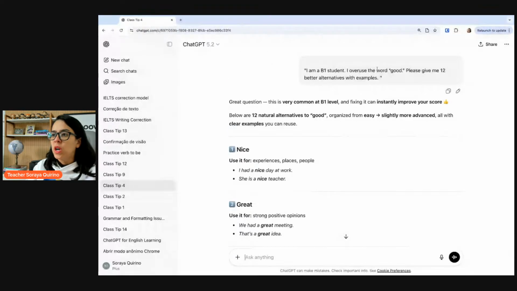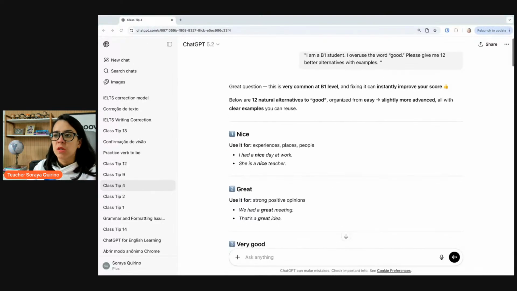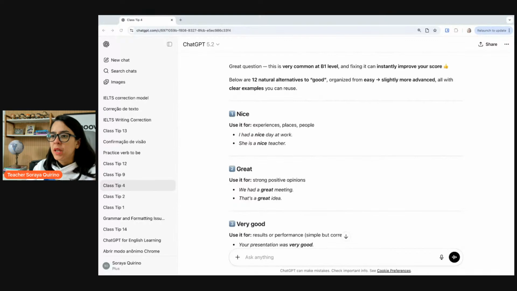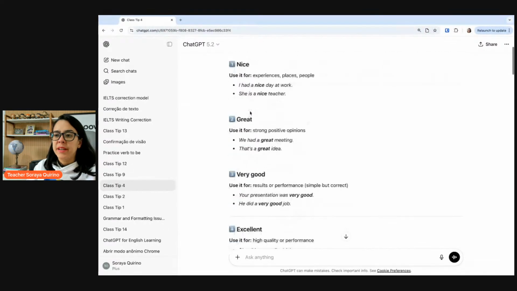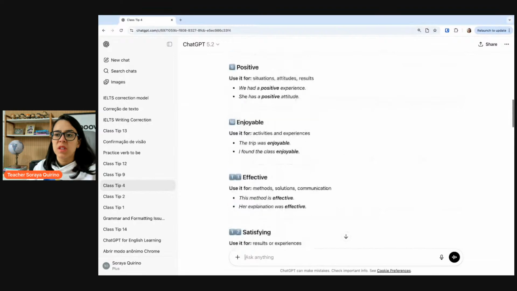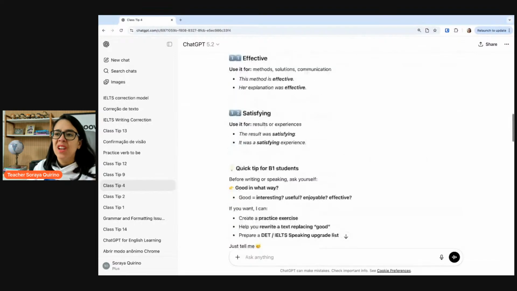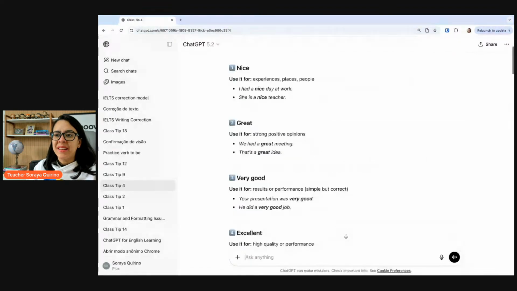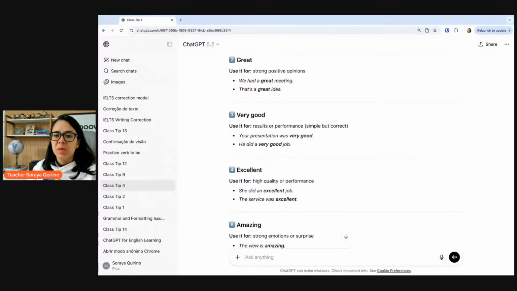So I'm a B1. I overuse the word good. Guys, you can't replace good with any other word like important, whatever. Okay. So it taught nice, great, very good, excellent, amazing, interesting, useful, helpful, positive, enjoyable, effective, satisfying. Guys, I wouldn't use nice, great, and very good because it's also basic.